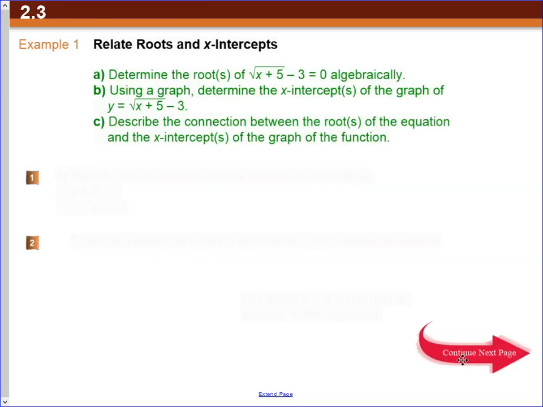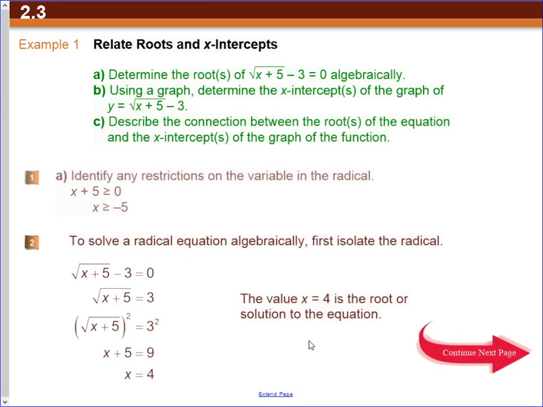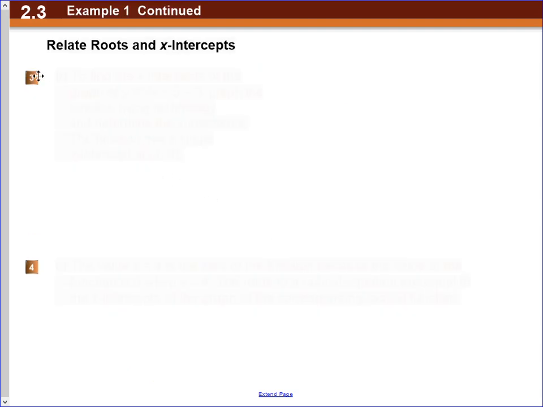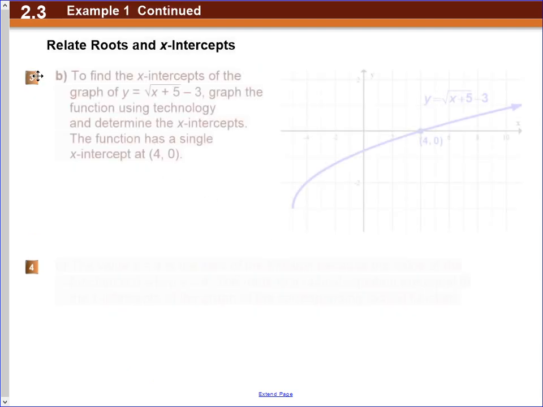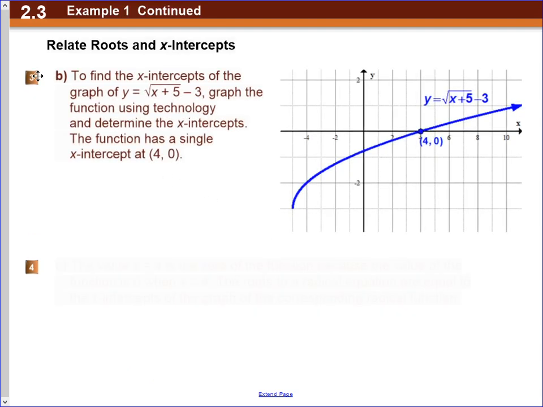I'm going to go back. I thought there was one more step. Just to double check, we make sure that that is okay based on the restriction. So our restriction was x must be greater than or equal to negative 5, and 4 is greater than or equal to negative 5. So that is a root that we can use. It's all okay.